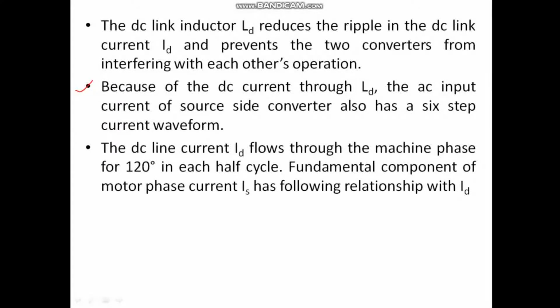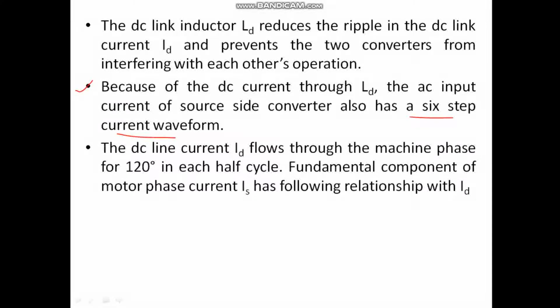So because of this, the load side converter, when working as an inverter, behaves essentially as a current source inverter, except that the thyristor commutation is now performed by the motor induced voltages instead of current. So consequently the AC input current of the source side converter also has a 6-step current waveform.